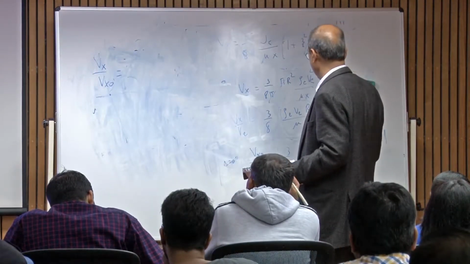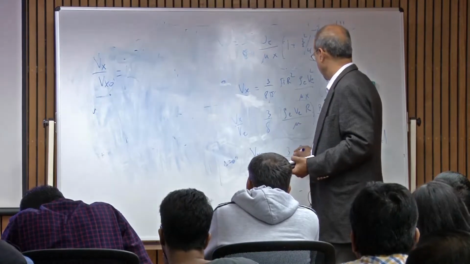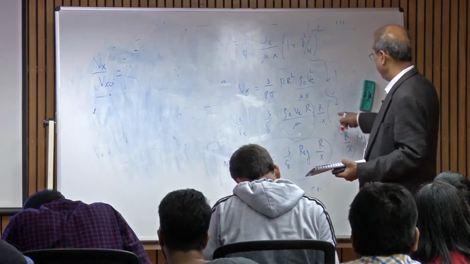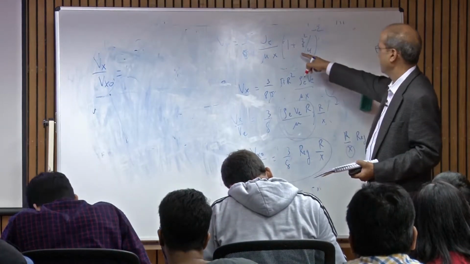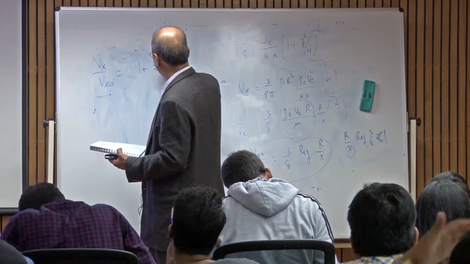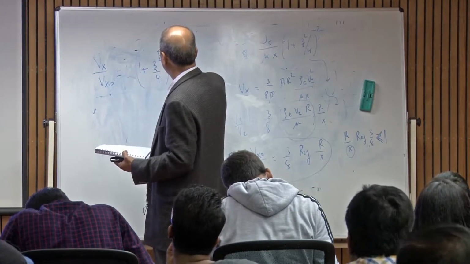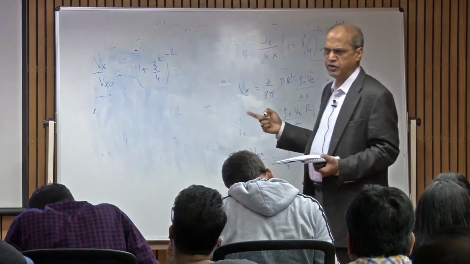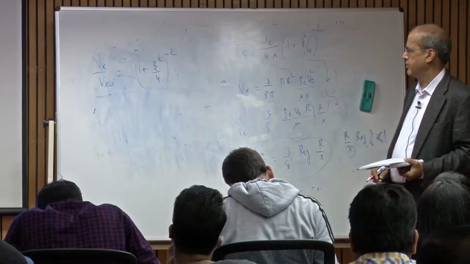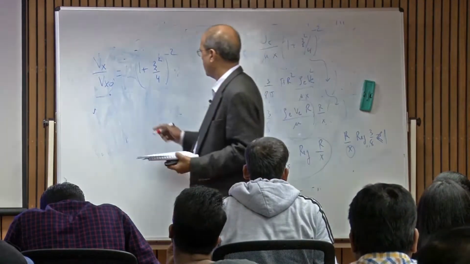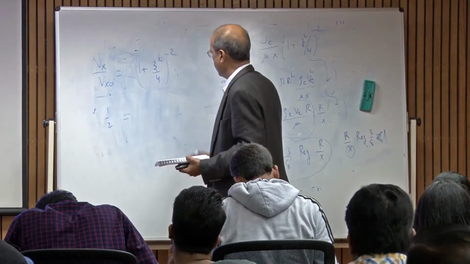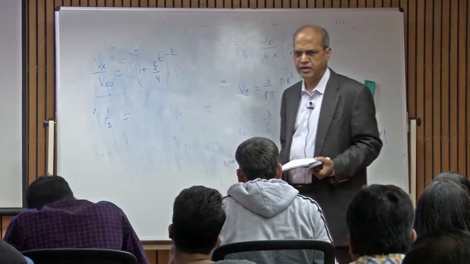So, Vx over Vx0, the Reynolds number will cancel out, r over x will cancel out. What you are left with is this quantity, 1 plus psi square over 4, to the power minus 2. That actually gives the velocity distribution as a function of r at any x. Now this is equal to 1/2, and then you can write the solution in terms of psi.